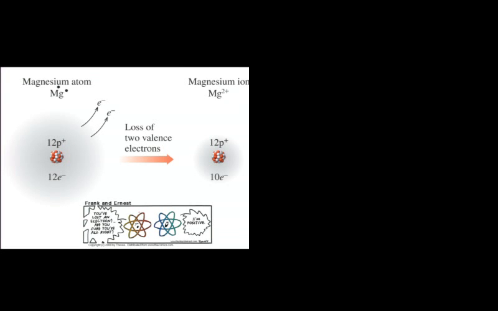So magnesium's like, guys, I'd like to be like neon. What's it going to do? Lose how many? 2. So what's the charge of magnesium going to be? +2. Well, let's take a look at calcium. That's in the same column. What do you think calcium wants to do? Be like argon, so therefore it will lose 2 electrons.